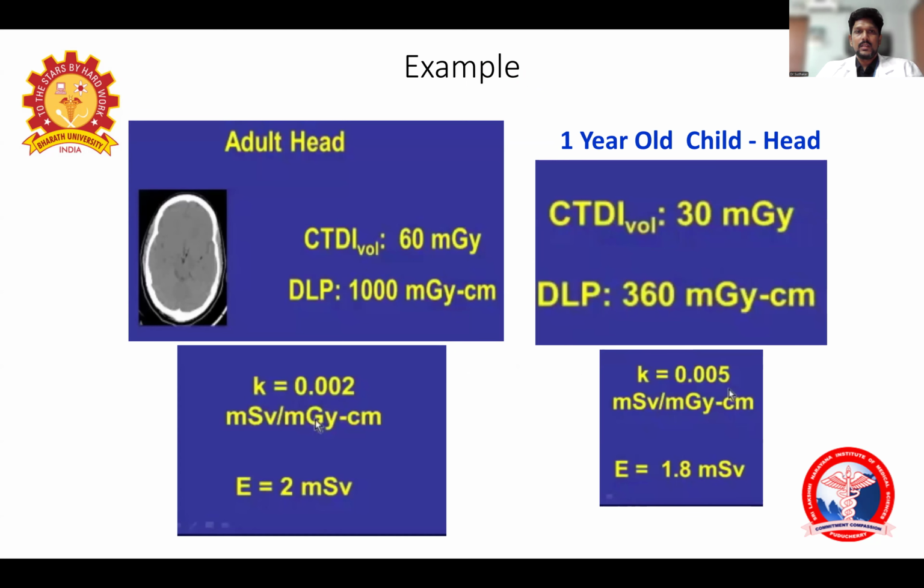As you could see in the example, in the case of an adult patient who has undergone CT head, the CTDI volume is 60 milligray, whereas the dose length product is 1000 milligray centimeter. So the effective dose in this patient comes to around 2 millisieverts. Whereas for a 1-year-old child, the same head CT will result in a CTDI volume of 30 milligray and dose length product of 360 milligray centimeter, which results in an effective dose of 1.8 millisievert.